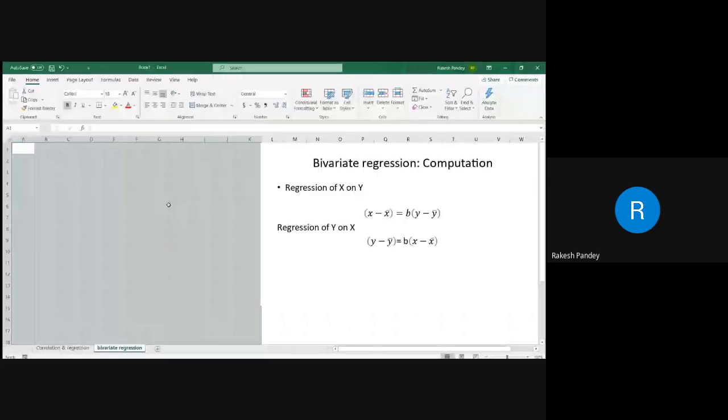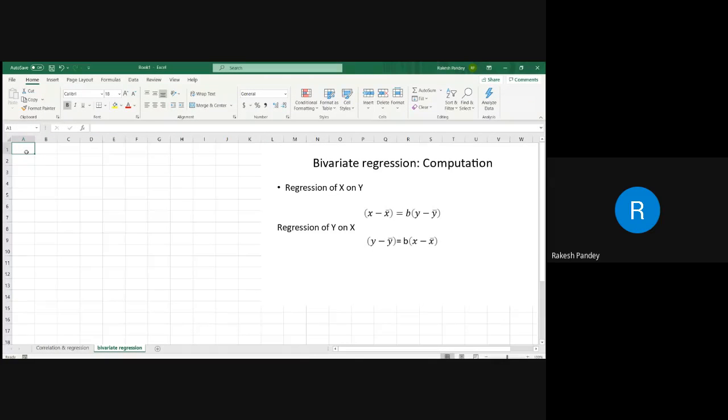So for regression computation, generally you will find that in examination, the mean will be given for the variable x as well as for variable y. Then the standard deviation will be given, and then the correlation between the two variables will be given.